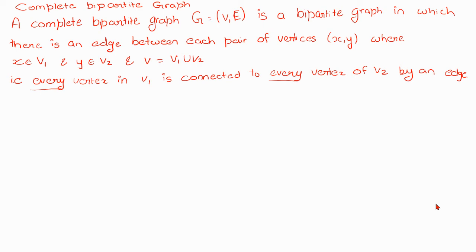Okay, by an edge. Now, suppose I have V1 and V2, and here I have three vertices and two vertices. Suppose this is A, B, and this is C, D, E. That means every vertex in V1 is connected to every vertex of V2.